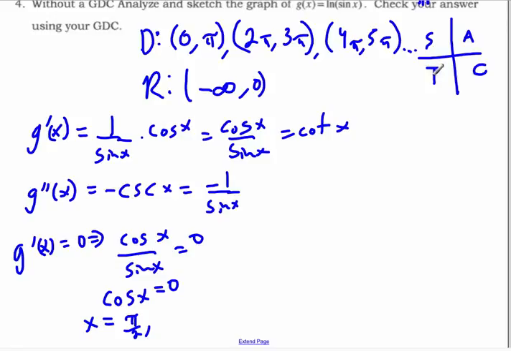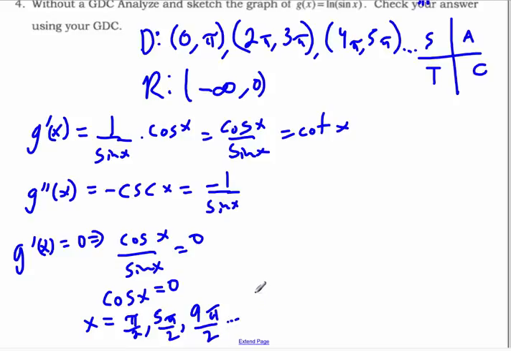We'll skip this one, and then we'll go to 5 pi over 2 when we're back up there, and then we skip 7 pi over 2 because that's not in the domain. That's 9 pi over 2, and so forth.